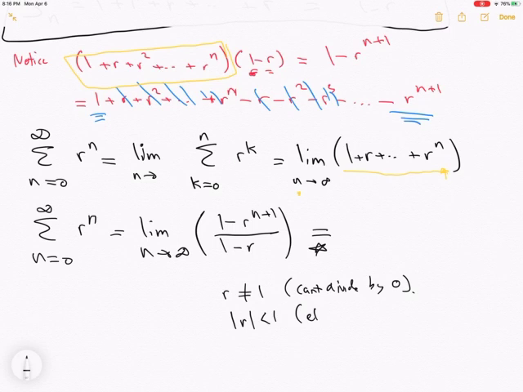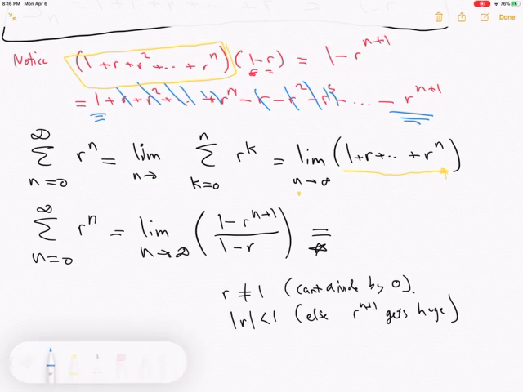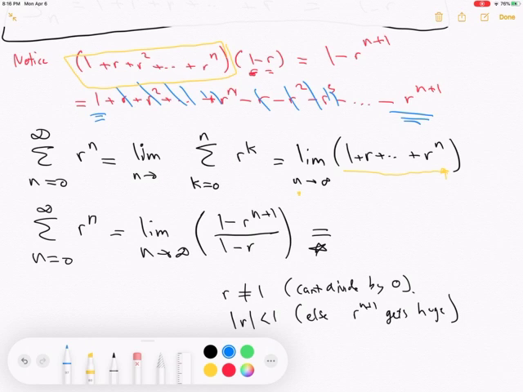Otherwise this r to the n plus 1 power gets huge. So inside the limit here, we have this r to the n plus 1 power. And so if r is bigger than 1, or smaller than negative 1, so if r is like 2, then you're doing like 2 to the billionth power. That's huge.